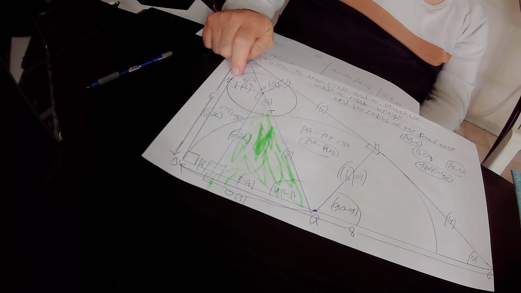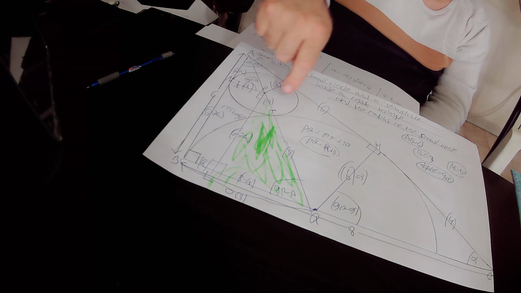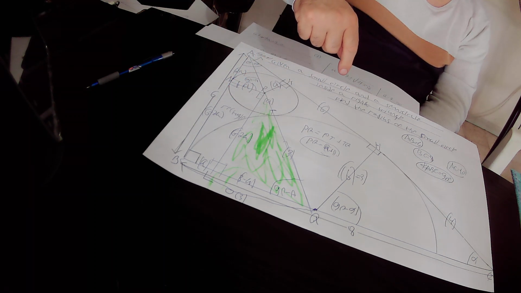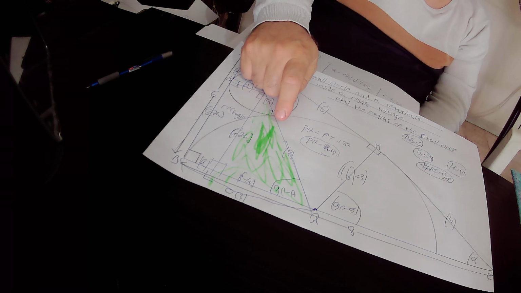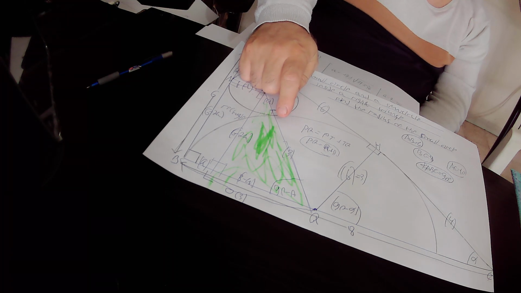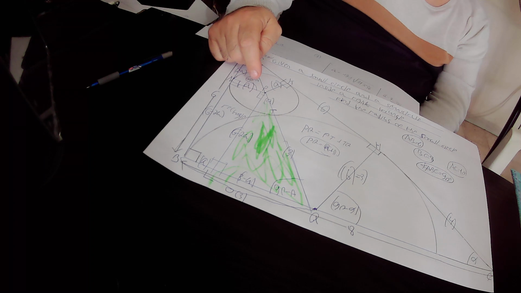Why? Because the radius of the semicircle, that is much bigger than the radius of this small circle, equals 3 units in itself. And therefore the radius of this small circle must be less than 3 units.